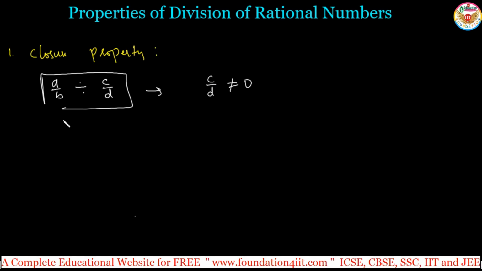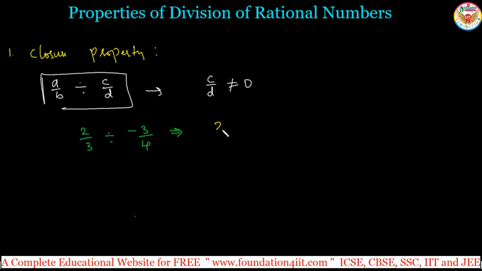So you can take one example. 2 by 3 is a rational number, divided by any non-zero rational number, meaning except 0. A number divided by 0 you should not take. 2 by 3 divided by a non-zero number like minus 3 by 4, then this result should also be a rational number.